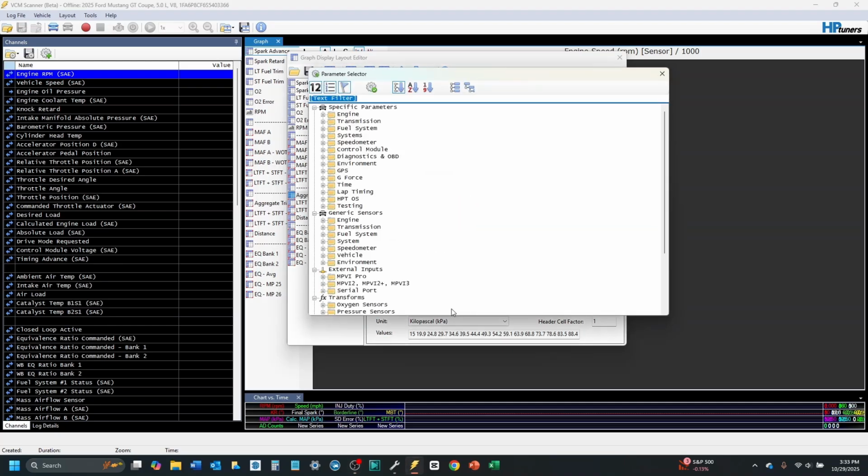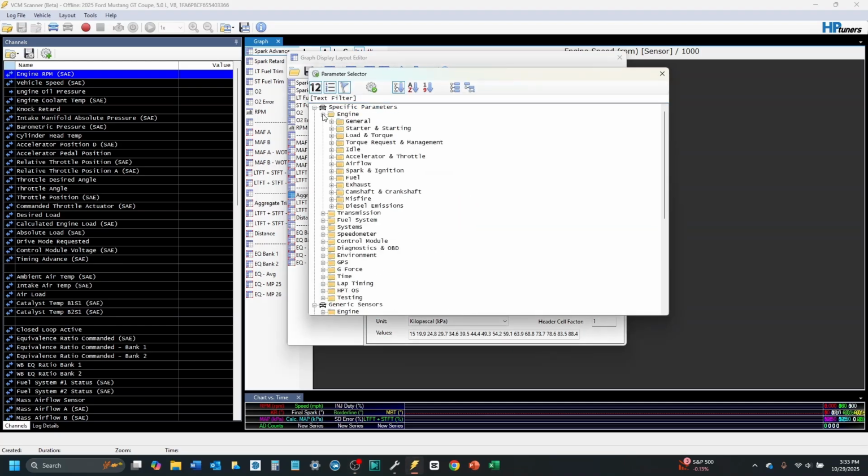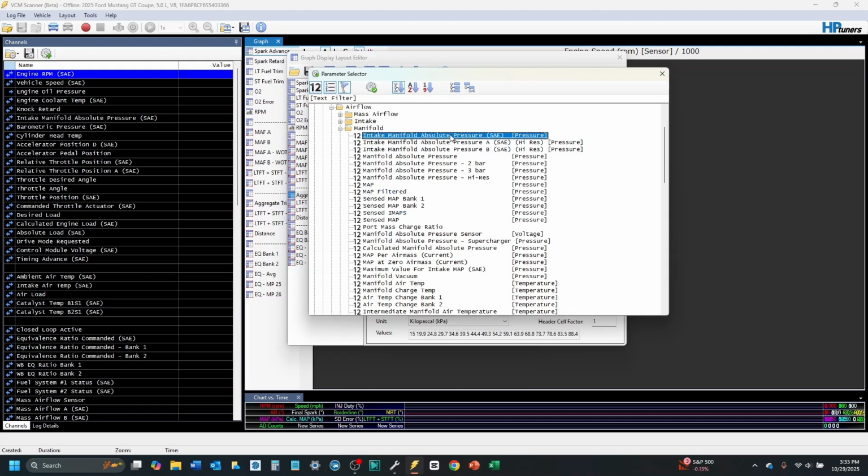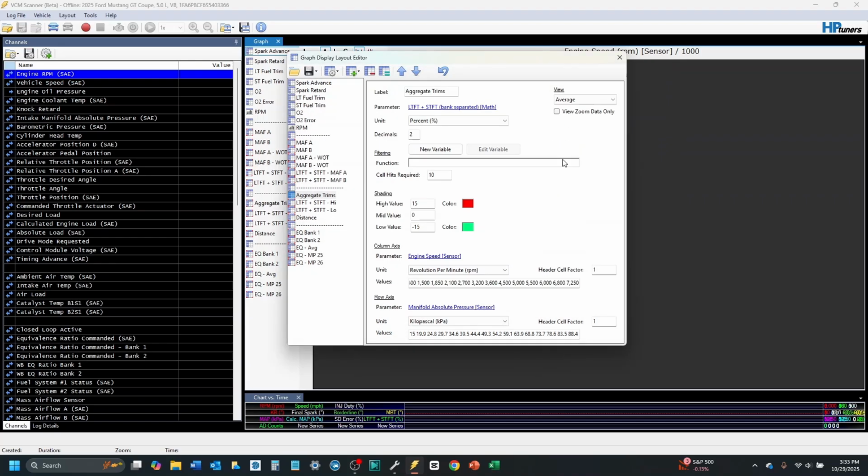And this time I'm looking for the manifold absolute pressure. And this guy, I think, is an airflow manifold absolute pressure. Okay. So you grab that. It would populate here. Be sure to set your units in kilopascals.